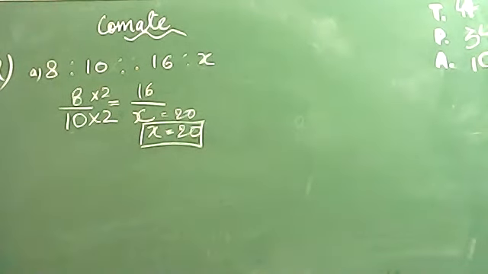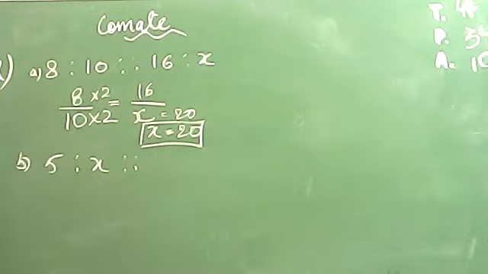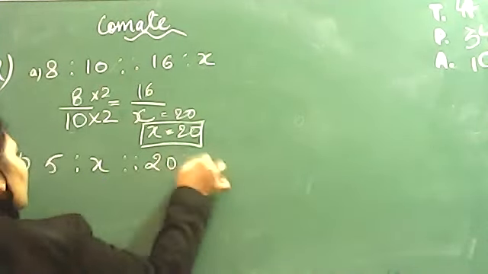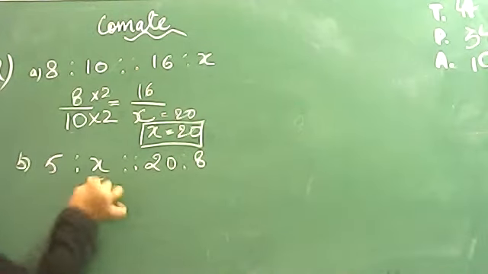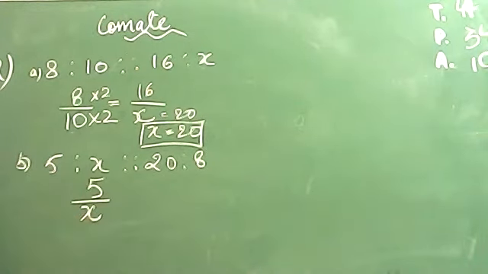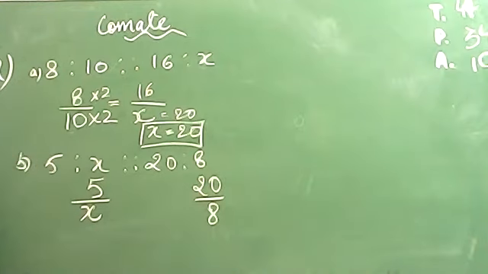Okay? Now the same pattern of question. Question number B is 5:x proportion 20:8. In the same way as we have done the previous one, the same will be done here also. 5 upon x we will write like this, 20 by 8 we will write like this.